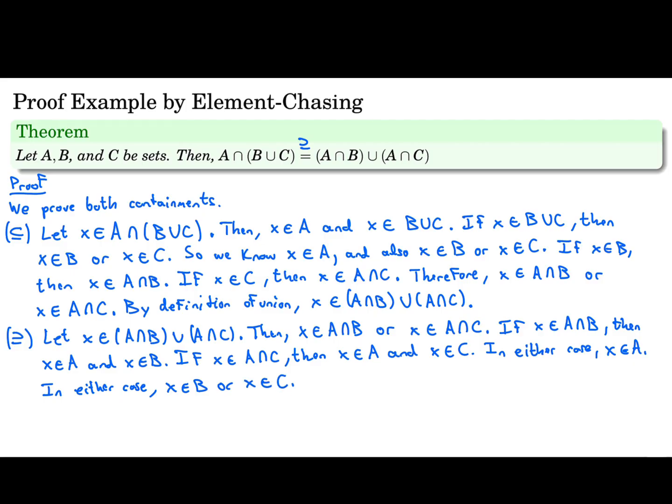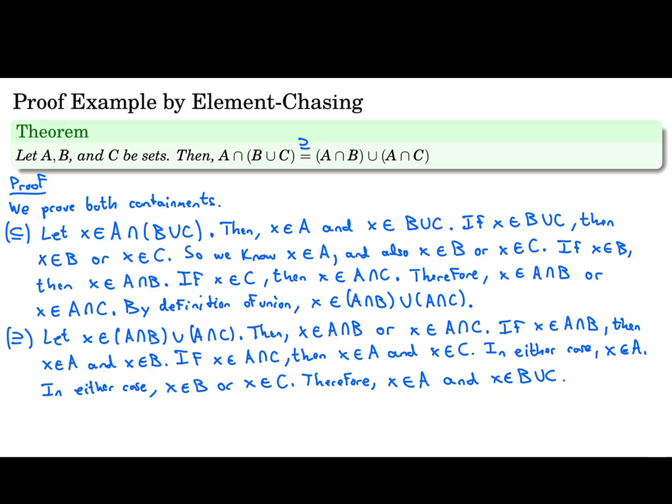So therefore, what this means is that X belongs to A and X belongs to B union C, by the definition of union.